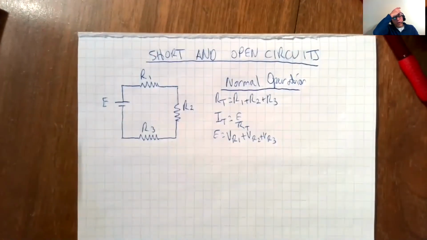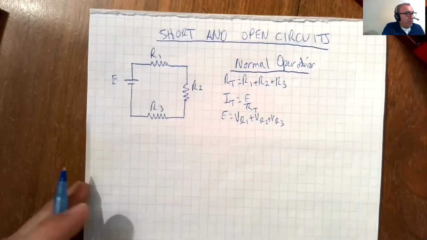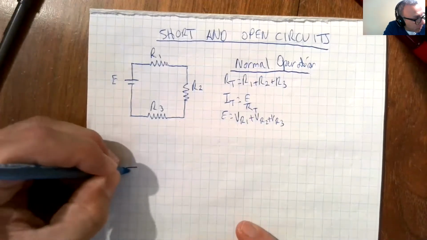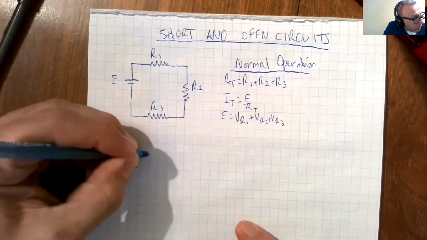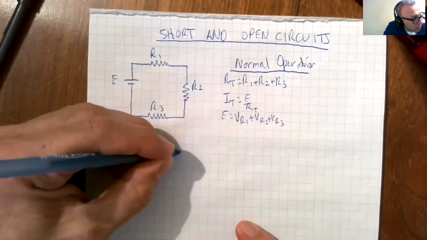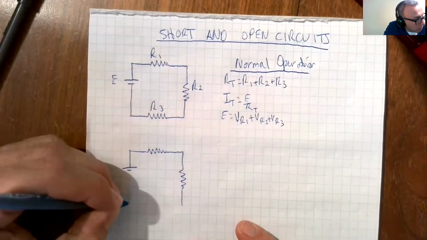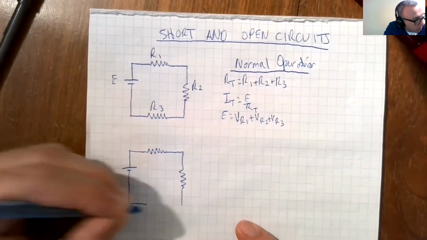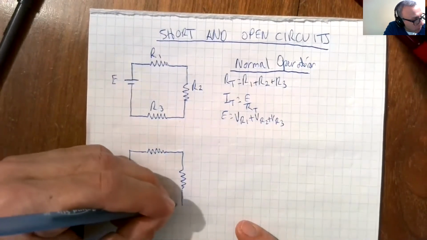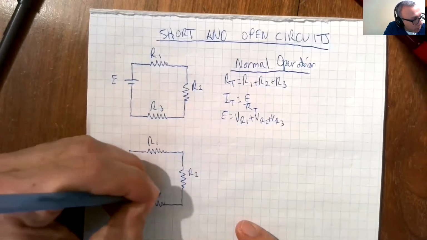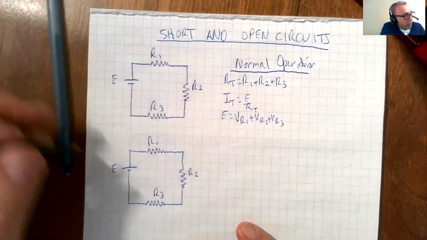If we short out one of these resistors, let's redraw this circuit quickly. We have E, R1, R2, and R3. So we're going to short R2.